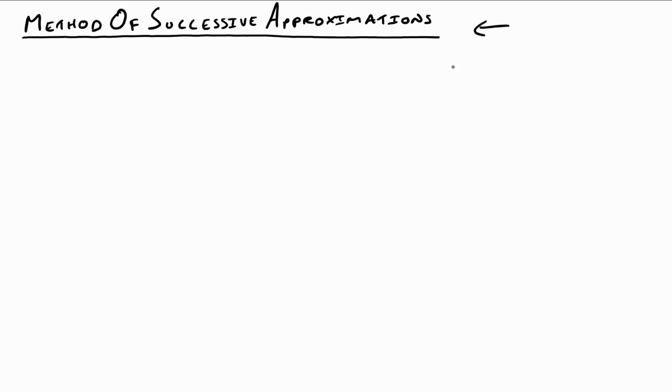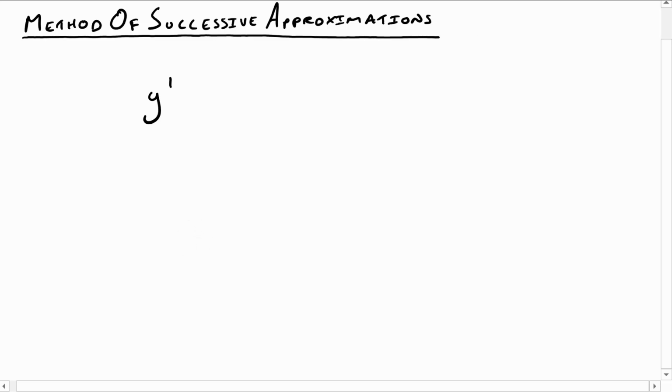So, what is the method of successive approximations? If you remember, say we have a first order ODE of this form. It may or may not be linear. A first order ODE is the first derivative plus some constant, which could be variable, times the function which we want, equal to something involving t on the right-hand side, if t is our independent variable.